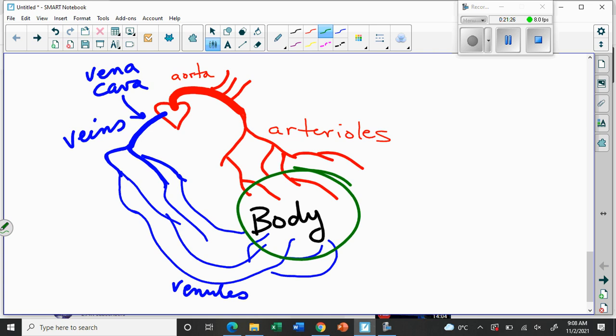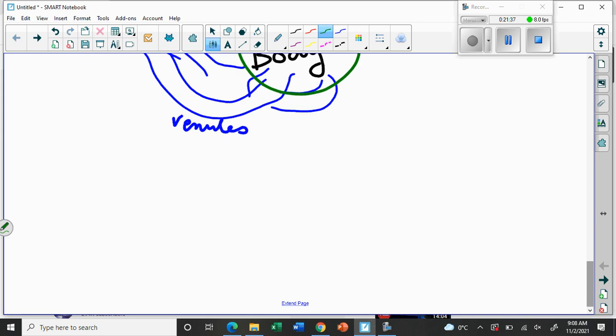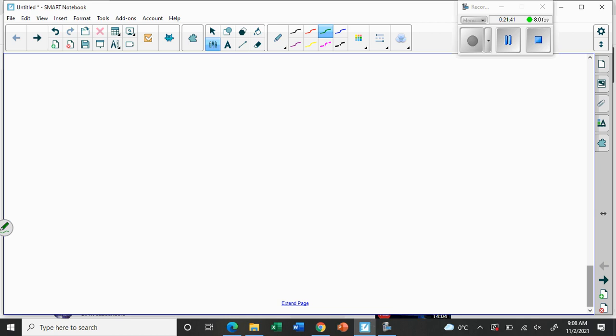So what I'm going to do now is draw another picture for you that shows what's happening inside this green circle. And of course, it has to happen on a microscopic level. It's very small. So basically, if we start with a large artery, that very quickly begins to branch. And then it branches again.